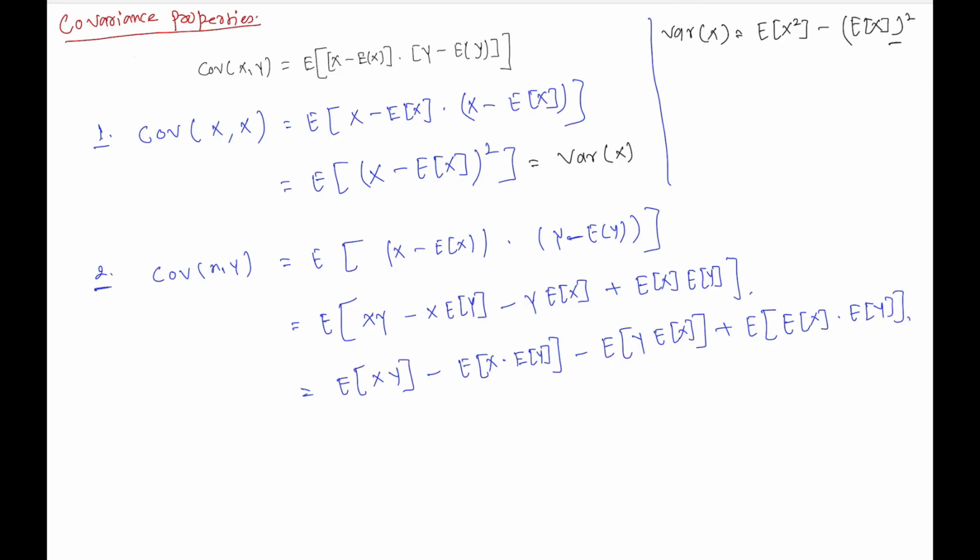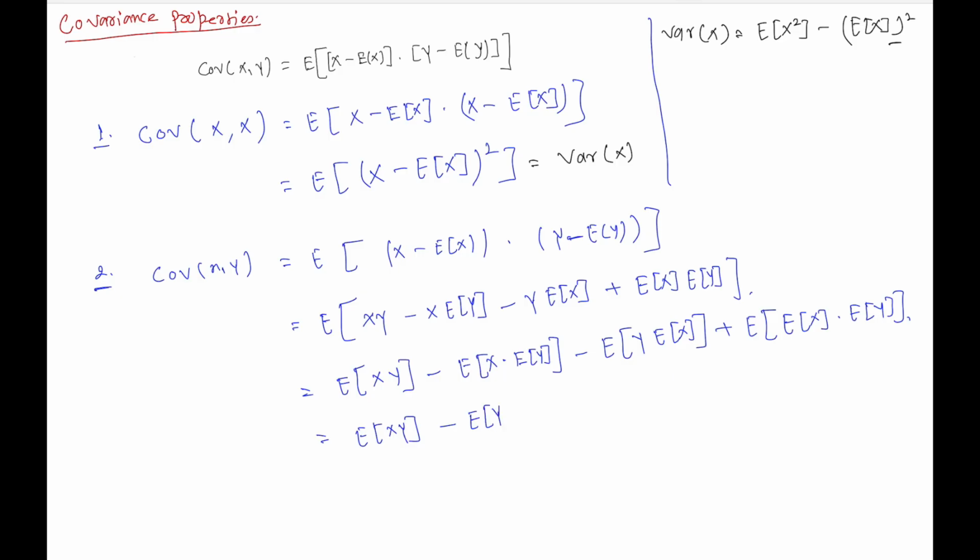So this will be the expected value of x times y minus, now this term, that is the expected value of y, will be a constant. So we can pull it outside of this expectation.